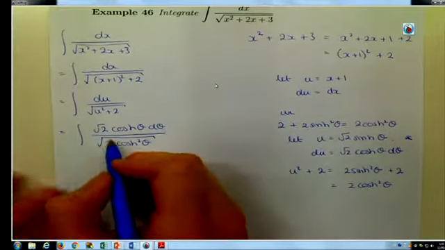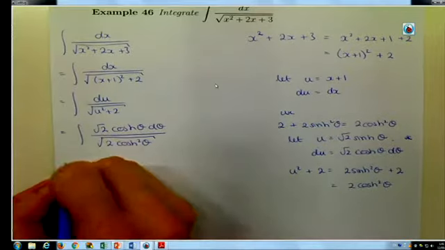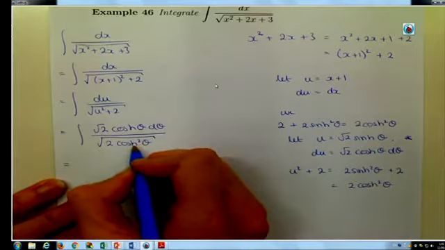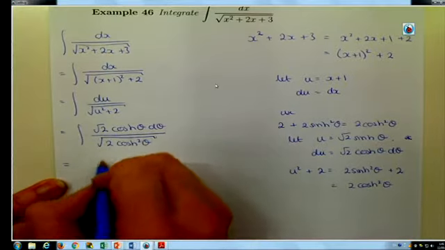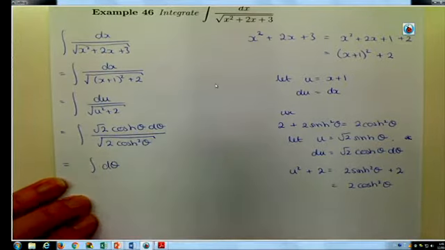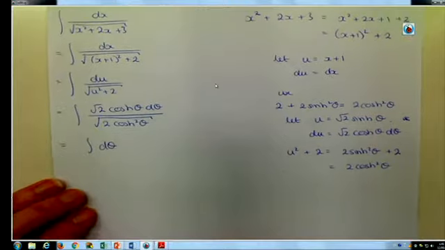Okay, so the 2 square roots of 2 are going to cancel out. The cosh, this is going to be a cosh on the bottom line, a cosh on the top line, they're going to cancel out. So everything works out easy, and we know we chose the right one.